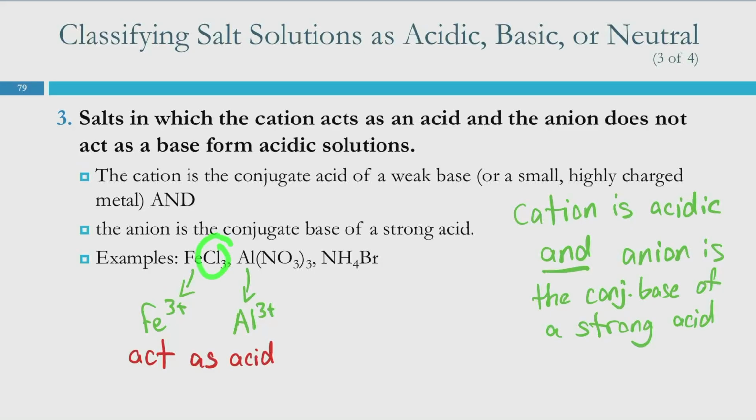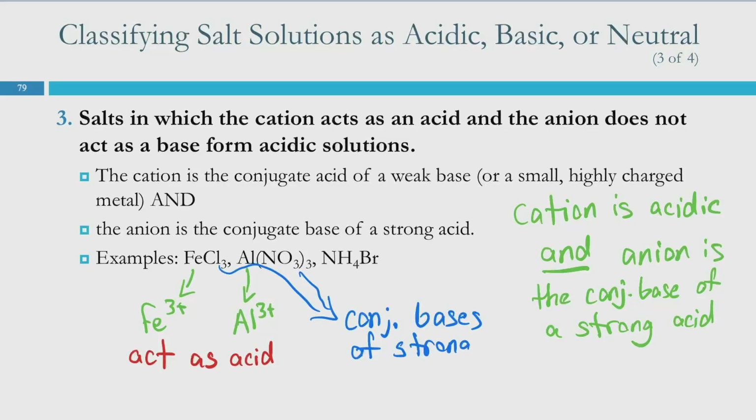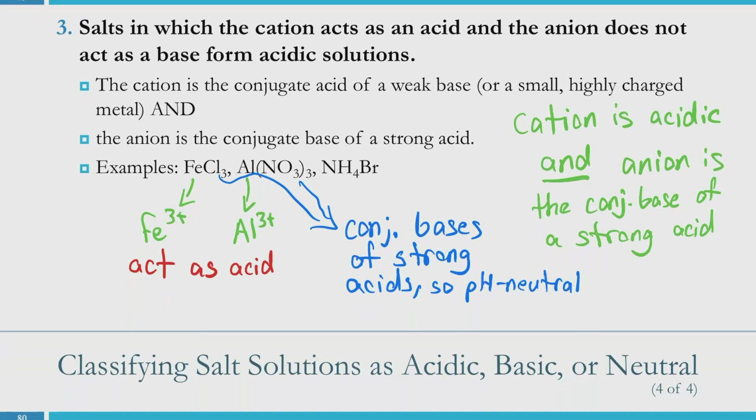And then we've got chloride and nitrate. Those are conjugate bases of strong acids. So their contribution is null. They're not contributing anything pH-wise. They're just kind of there.